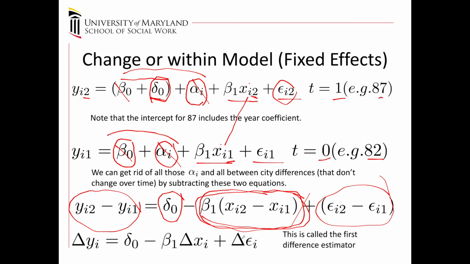So what I was telling you is true. We can walk through this example as many times and you'll see the same answer. Change in y is a function of the difference in intercepts between time, the change in x between time, and then we still have the error term that allows for change over time. And this is called the first difference estimator. So this is one way of doing a fixed effects model when we have a simple 2 time point case.